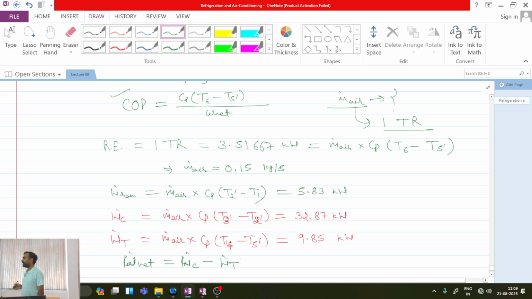Will I be considering ram work over here or not? I will not consider ram work because ram work is not at all involved in the refrigeration process. It is actually involved in the propulsion process. In case you assume that your engine is on the ground, there also, because of the converging effect, there can be some ram work, but its amount will be very small.